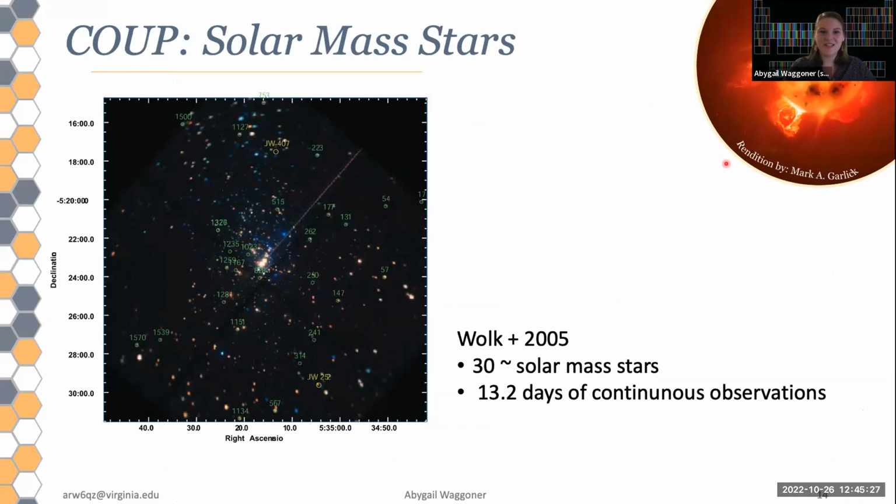But in this talk, we're considering Wolk et al. 2005, where this paper focused specifically on solar mass stars. And they found about 30 approximately solar mass stars. And with over 13 days of continuous observations with Chandra, they were able to extract X-ray flare statistics from this survey. And these are the statistics that I used in my modeling.